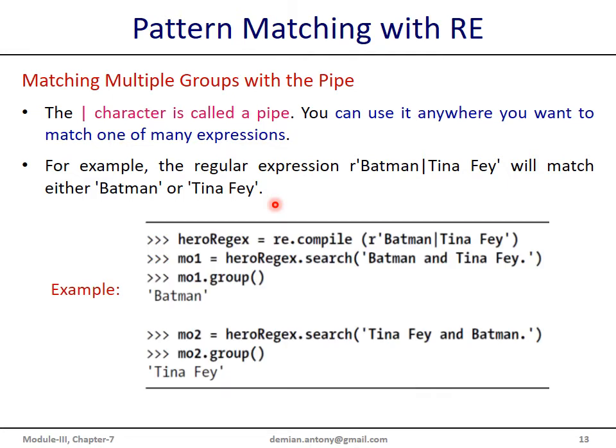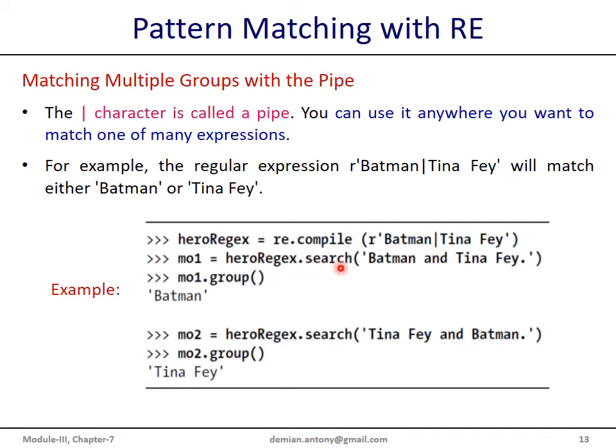Let us take up the code. First we create the regular expression object by specifying this pipe. This is the first regular expression and this is the second one, and we combine these two with the pipe to match one of the two expressions, that's the regular expression pattern.